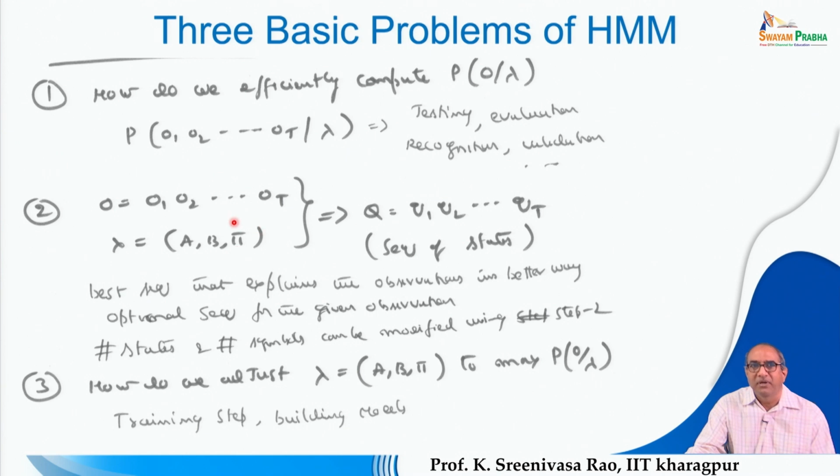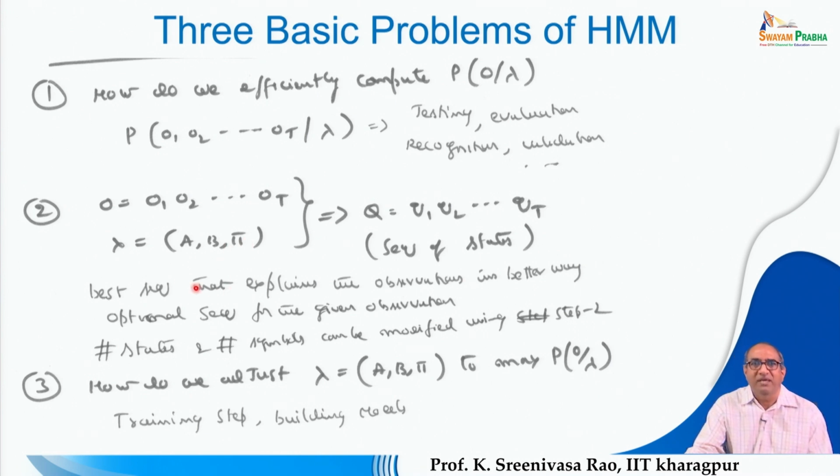By analyzing this step, we can come to know whether the number of states considered in the model is sufficient or not, that means whether the number of states is more or less. If it is less, then we can increase the number of states for better modeling, better training, or better optimizing of the model. Similarly, we can check whether the number of symbols is sufficient. If they are less, you can increase the number of symbols. How do you increase that? Increase the code book size. Instead of using a code book size of 128, you can use a code book size of 512 or 1024, likewise.